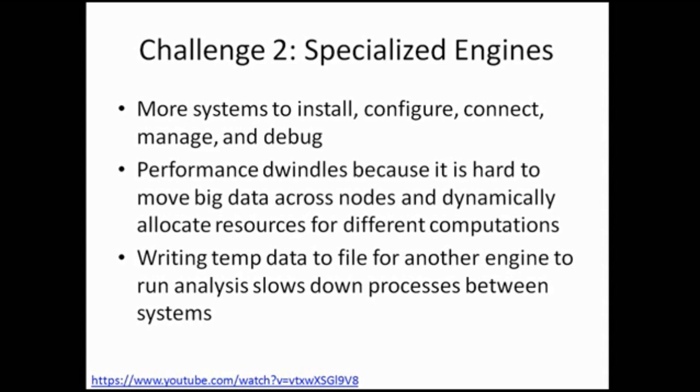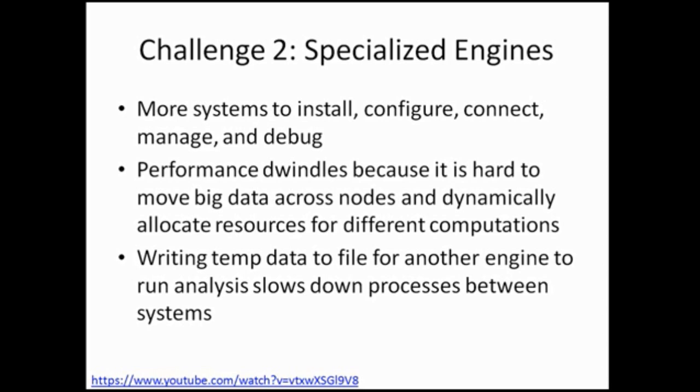And performance dwindles because in the world of big data, you would rather move the computation to the big data than move the big data to the computation. So it's hard to dynamically allocate resources if you have more than one engine or more than one system. And oftentimes, you have to write temporary data files for another engine to process, and it slows down the process altogether. So that's the challenge.